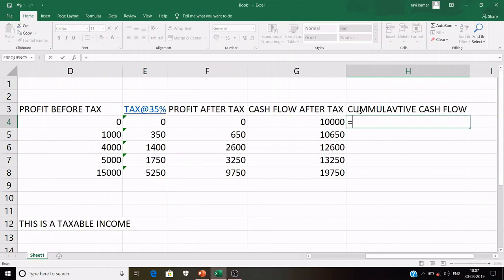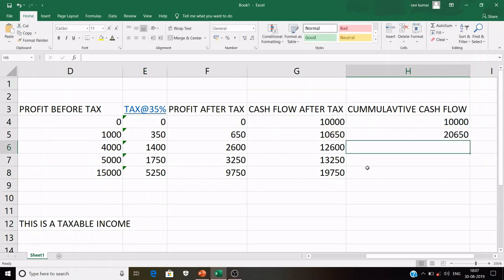Our first 10,000 rupees would be saved in the first year because this is our first return in the first year. In the second year, in total, I will receive 10,000 rupees plus the second year amount, that is 10,615 rupees. In the third year, I will receive 12,600 rupees, but in total, I will receive 12,600 rupees plus 20,650 rupees.